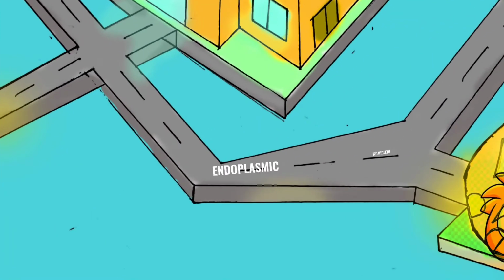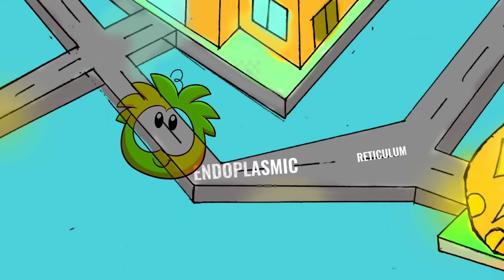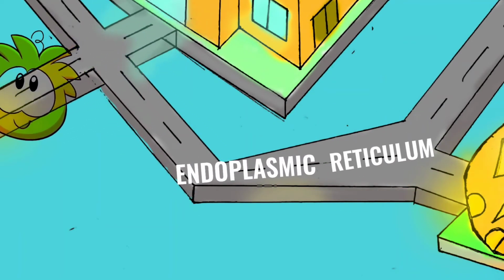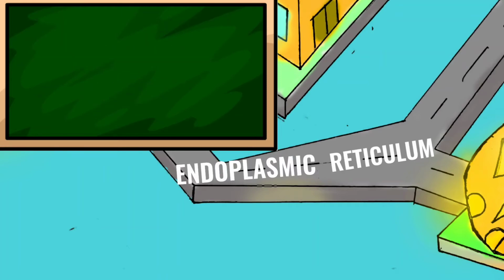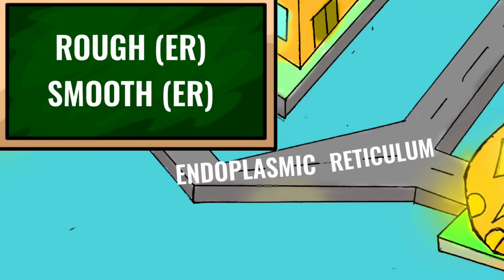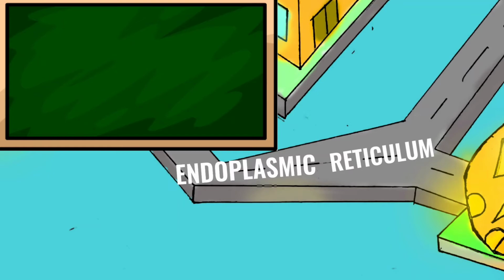The next one is the endoplasmic reticulum, or the highway system of the cell. The endoplasmic reticulum is the eukaryotic cell's transportation system, as well as a host of other activities such as protein folding. Rough endoplasmic reticulum and smooth endoplasmic reticulum are two subunits of this type of organelle.